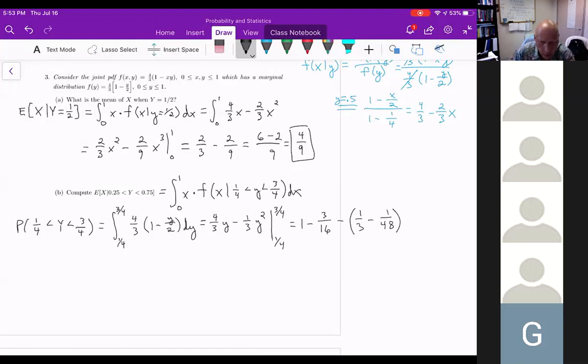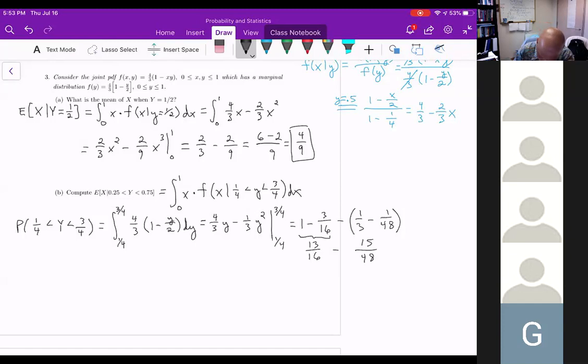And then it's from here where I'd start simplifying. So this first term, if I get a common denominator of 16, that's going to give me 13/16. And a common denominator of 48 for the second one will give me 15/48.